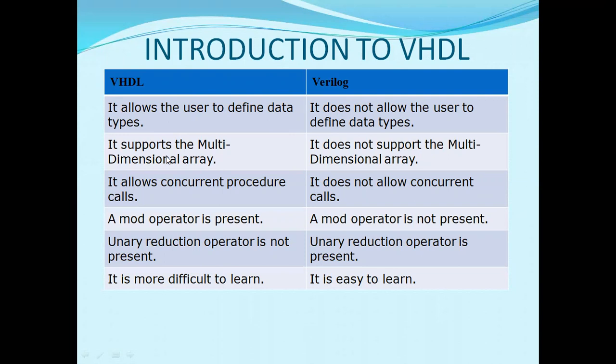VHDL can support multi-dimensional arrays, and Verilog does not. VHDL allows concurrent processor calls, that means it can process multiple processor calls at a time. Verilog does not allow concurrent calls, that means it can allow only one processor call at a time.